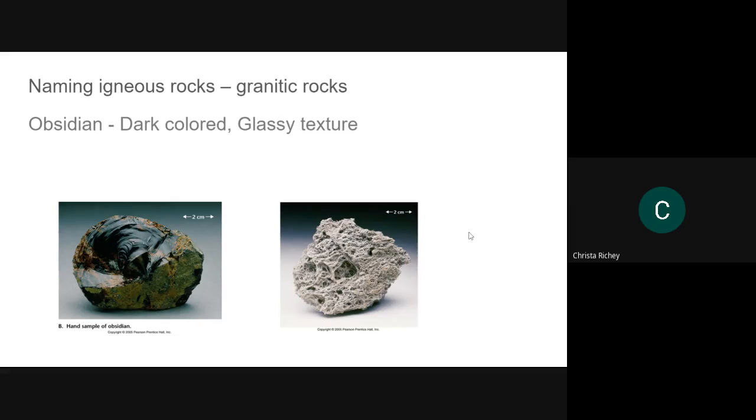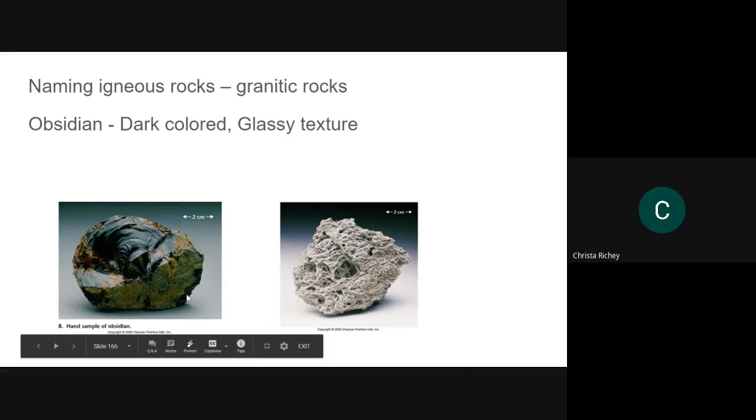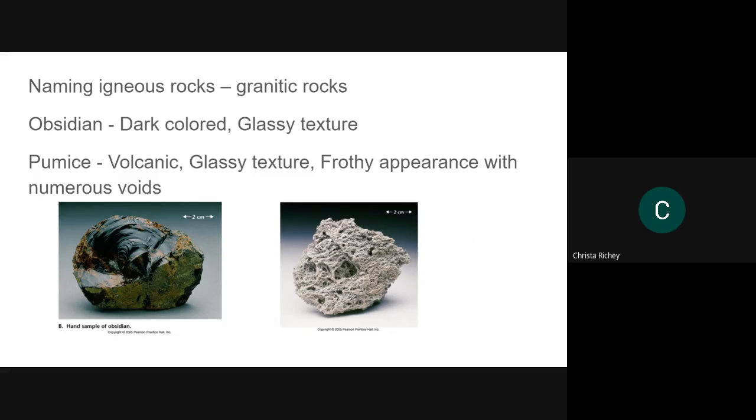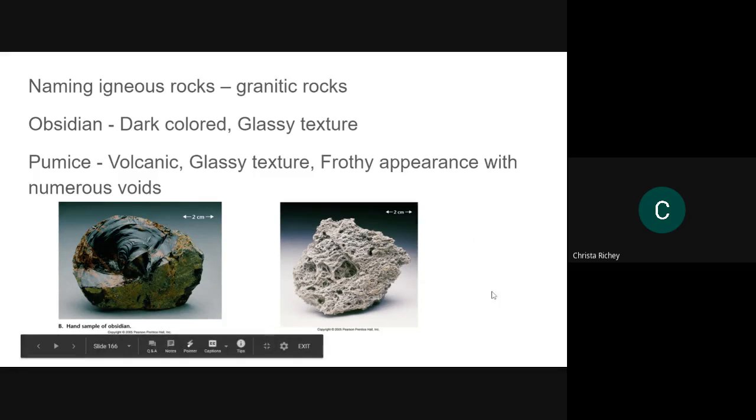Okay, more granitic rocks. Obsidian, this is the one that you guys got to hold last week. So it's what you think of as glassy. But the pumice is also glassy. It's just been frothed by the fact that it was thrown into the air, and then the air made these little air pockets that we call vesicles or voids. There's holes in the rock, but it's still glass.